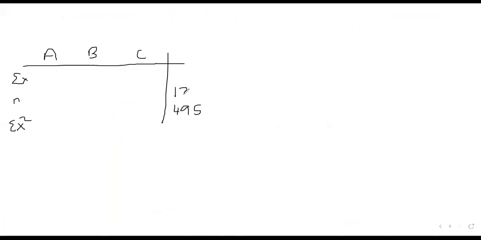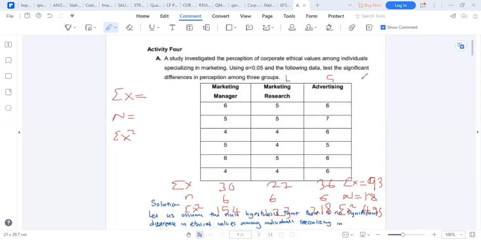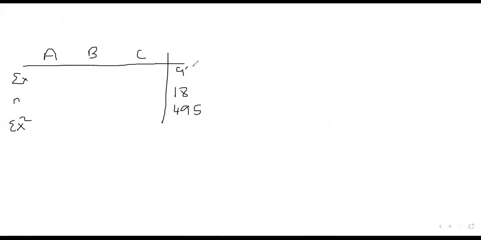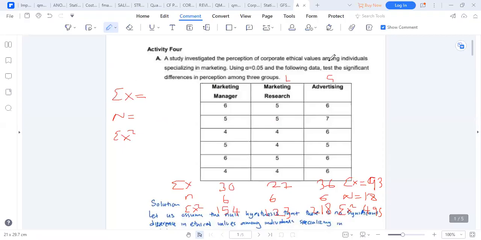This is 18. And the first one was what? 93. Then 30, 27, 36. The 93. 154, 123 to 18.